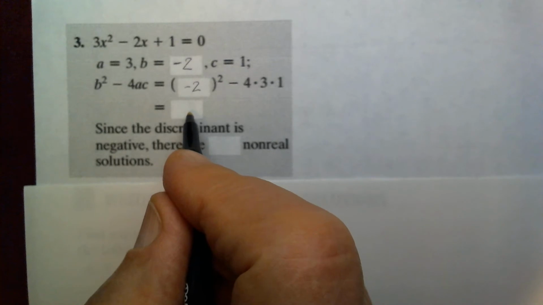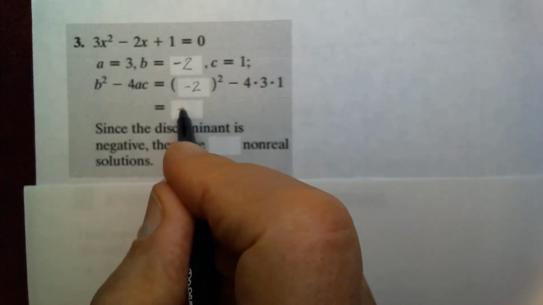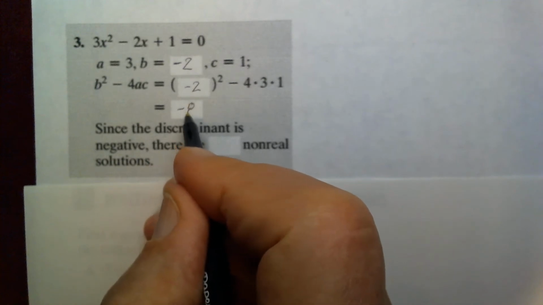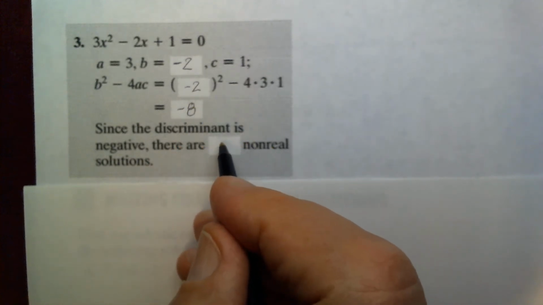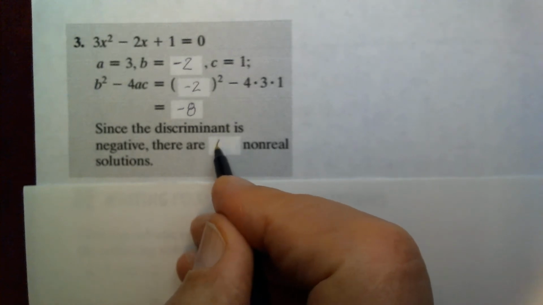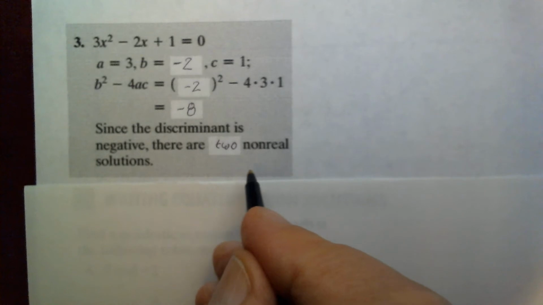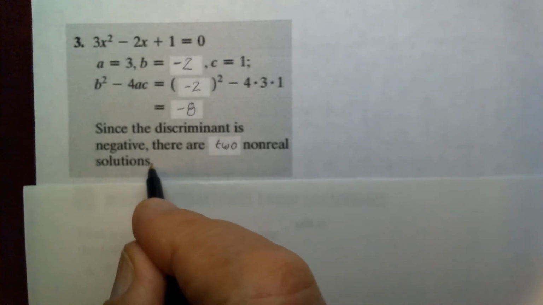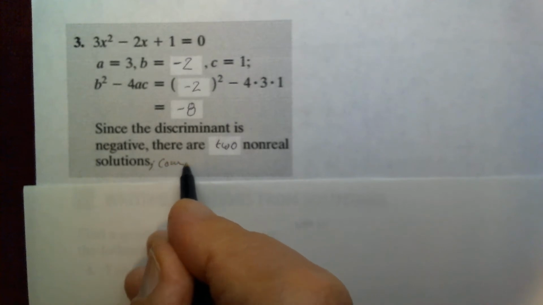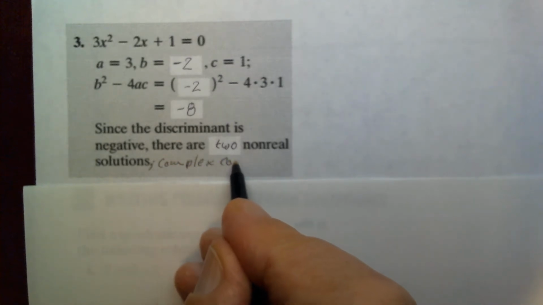That's equal to 4 minus 12, which is minus 8. So the discriminant is negative. Therefore there are two non-real solutions, and again they're complex conjugates, to be specific.